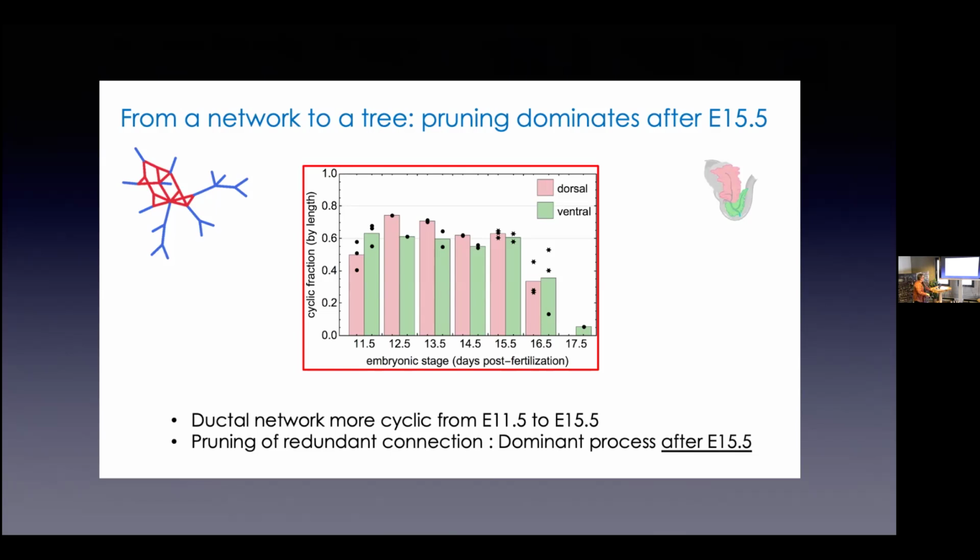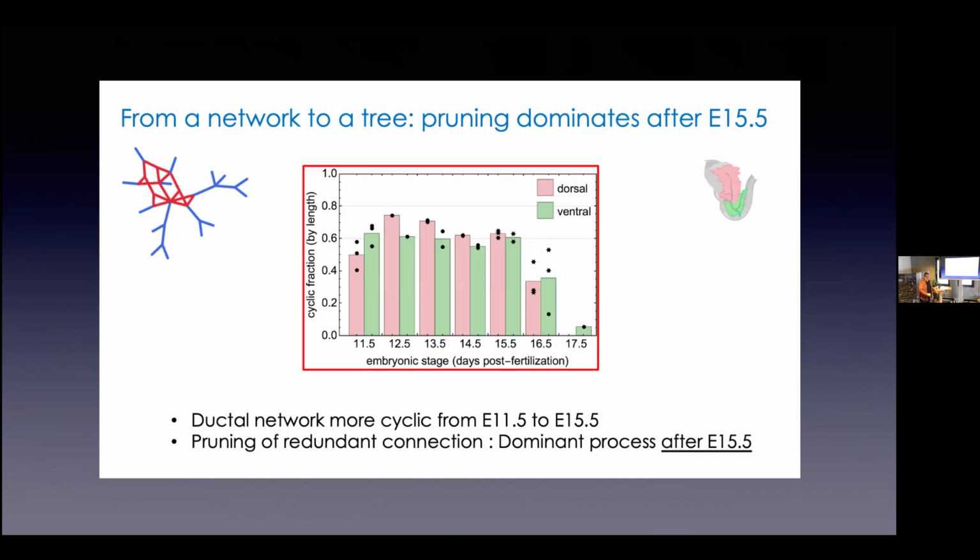So it's known that you definitely have new sprouting of branching points all throughout this time, right? And so that means that in order for the cyclic fraction to be stable, if you're growing the network and sprouting new branching points everywhere, then you must also be creating new cycles, right?